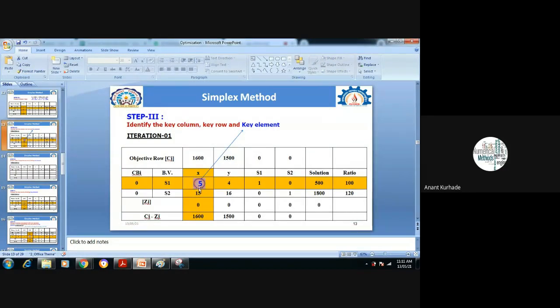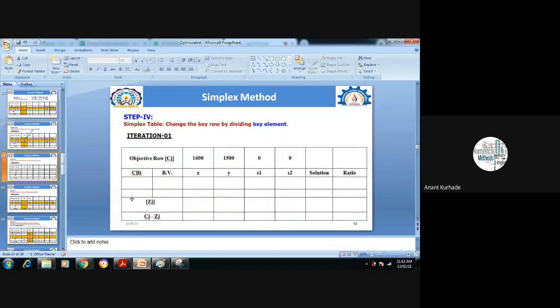In this column, we have X as the variable. So X should be the entering variable, and the leaving variable is S1. So for the next table, don't write S1, write X here, and write the rest as it is. Just S1 will change. Instead of writing S1, write down X. So here the entering variable is X, and the second variable is written as it is, S2.